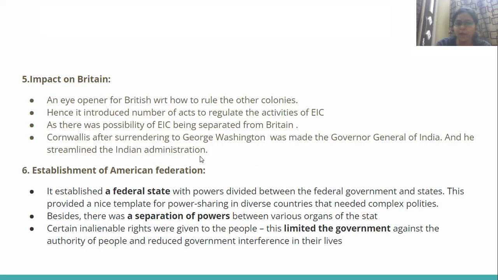And the next impact of this war is it established a federal state. Now, what do you mean by federation? India is a federation. The meaning of federation is that we have different levels of government. There is a central government and there are state governments. So power is shared between the units of federation.